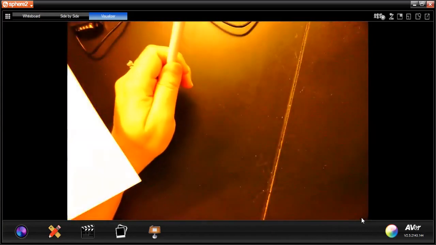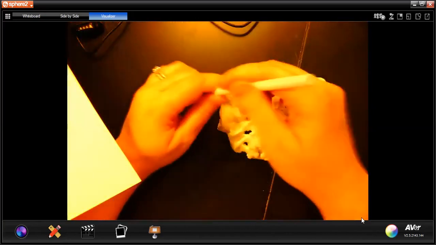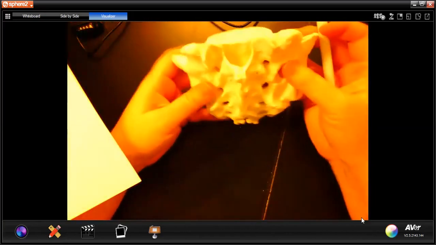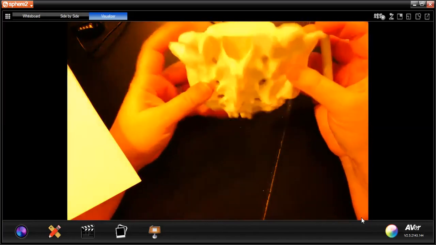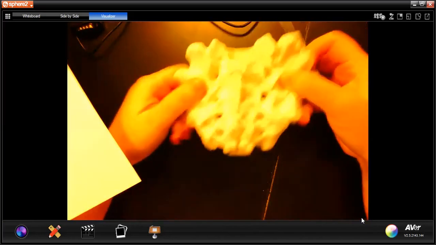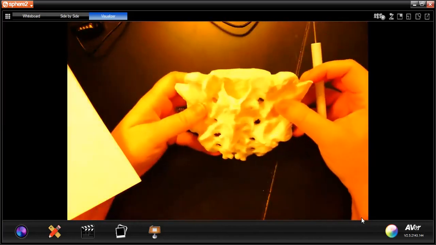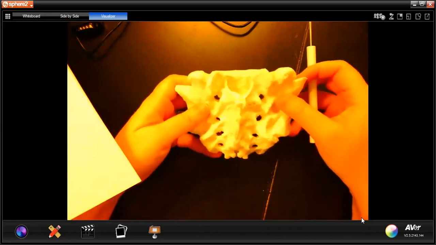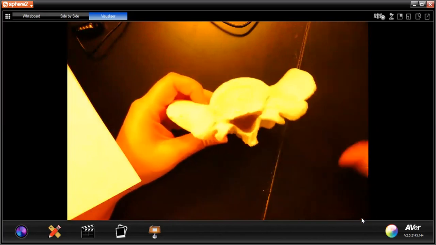Finally, you have the sacrum. The sacrum has lots of interesting features to it. I will show you a picture in a minute because I don't think that this is a very clear model of the sacrum. But you have your superior articulating surface. Well, this is the body.